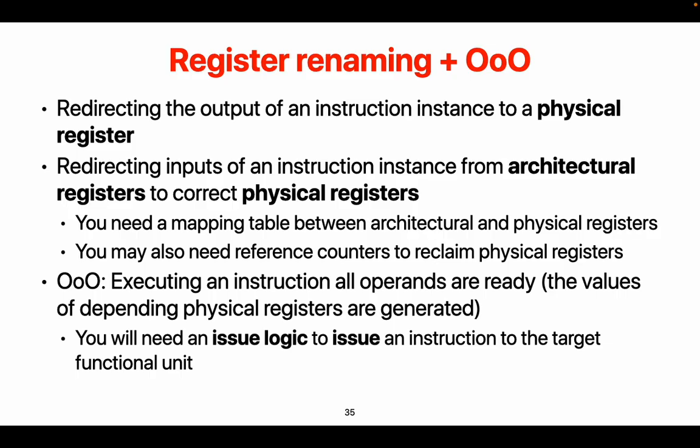Physical registers are the real registers that your processor would internally use to run your instructions. And as we mentioned before, the main purpose of having physical registers is because we want to allocate each output to different registers. So you would definitely have more physical registers than architectural registers.